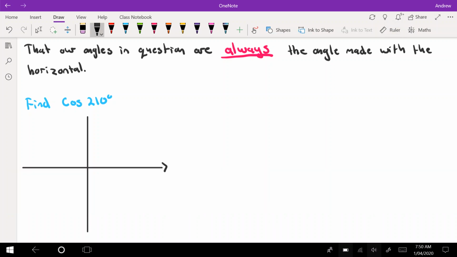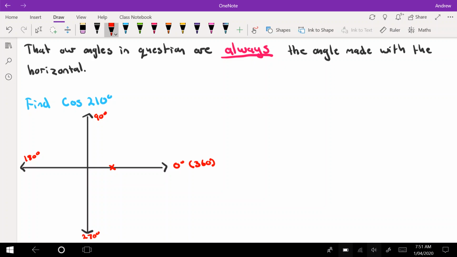So this is my plane. And now I know I always start here. That is my line 0 degrees. That's 90 degrees. That's 180 degrees. 270 degrees. And then all the way back to 360.